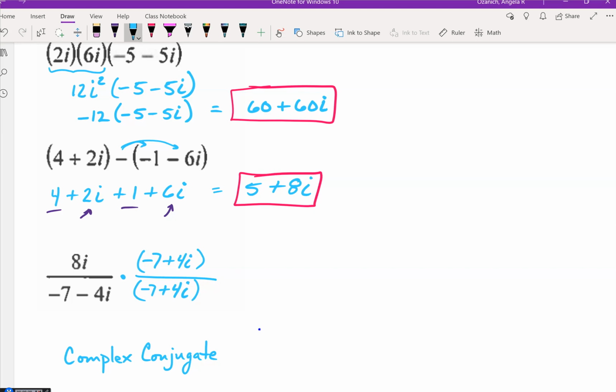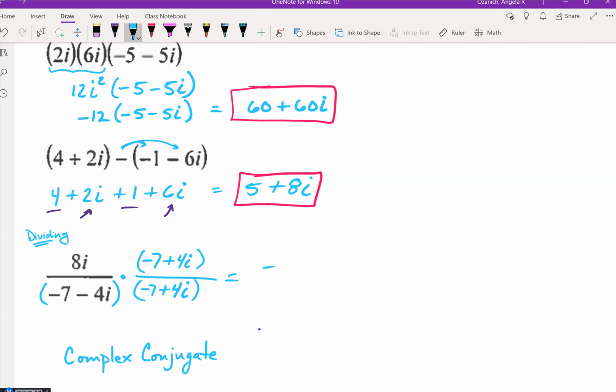Now again, the reason for that is that we're going to end up with a new complex number, but there's going to be no complex value in the denominator. And that's what we're shooting for when we do this division process. Okay, so this is a special type of dividing complex numbers problem. So watch out for this kind. All right, so let's cruise through this real quick here.